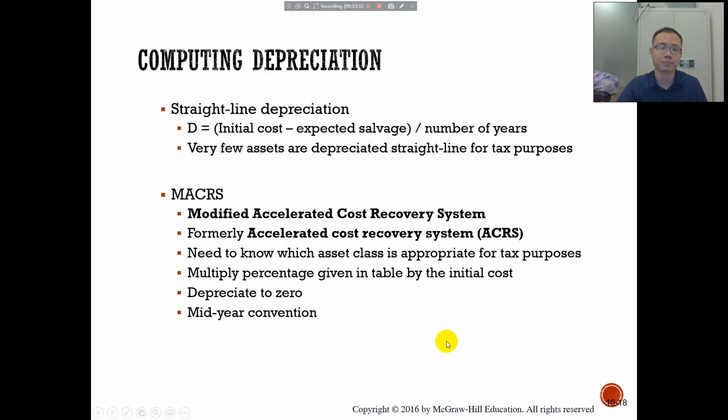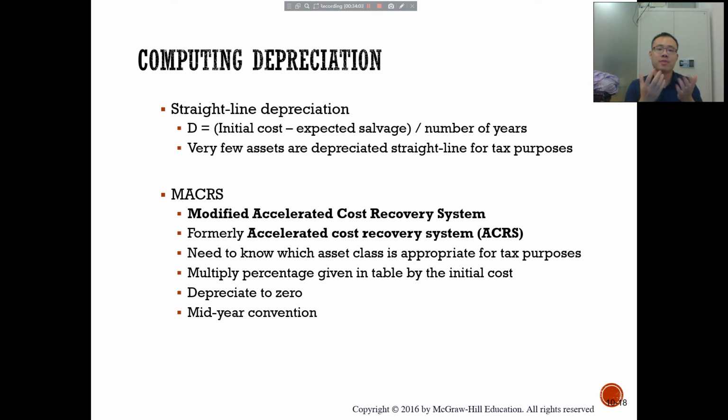Okay. There are two ways of calculating depreciation. The first one is straight line. Assuming that you spent $90,000 at the beginning of the project, and the project will last for 3 years, then we assume that every year you have a value loss of $90,000 divided by 3, which is $30,000.